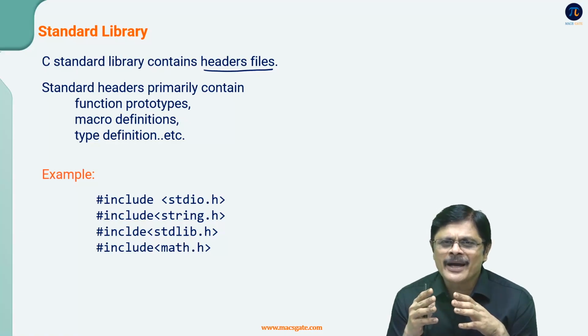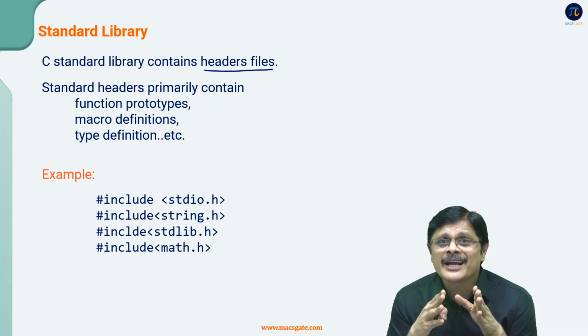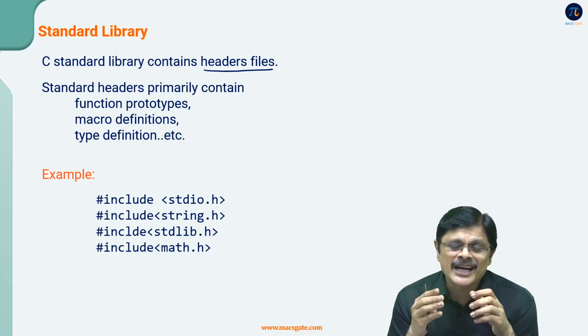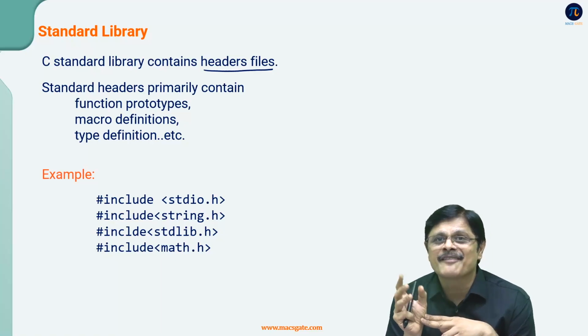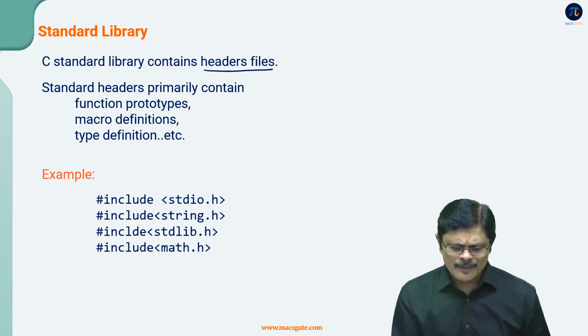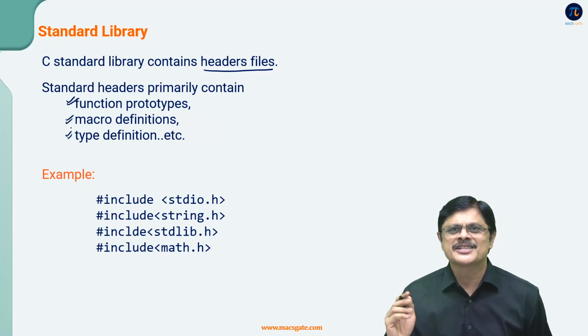So together with the compiler, we get this standard library, and the library contains the header files which contain the library functions to provide the basic functions. Normally these header files contain function prototypes, macro definitions, type definitions, etc.